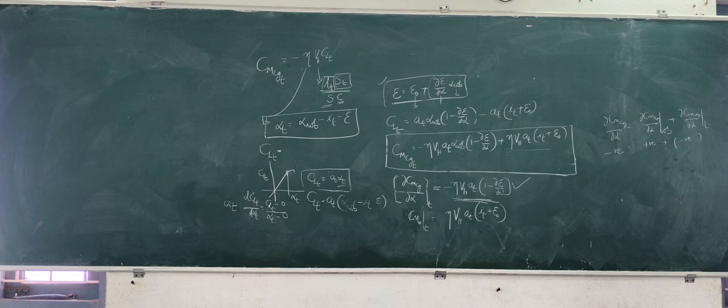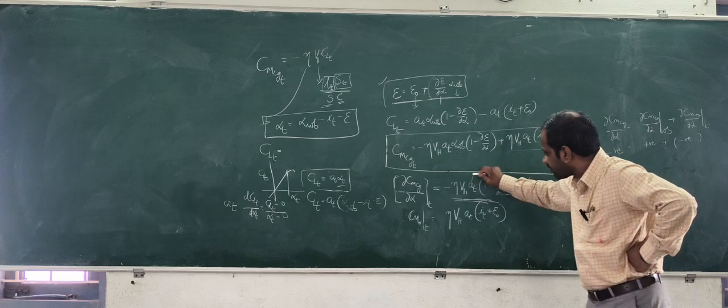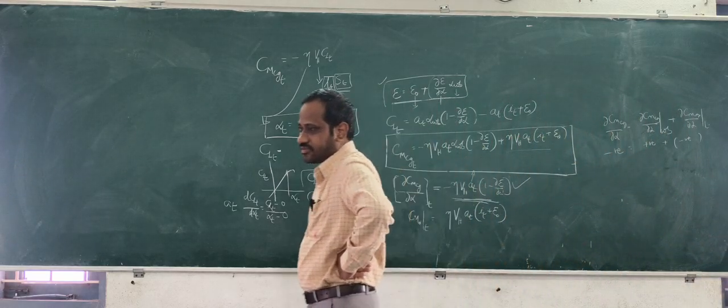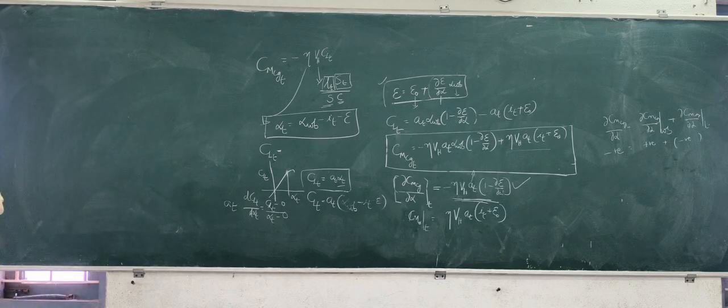These two values should be on a higher side, and the slope of the lift curve of the tail should also be a larger value. Then only your required magnitude of dou Cm by dou alpha can be attained. Negative, more negative value.